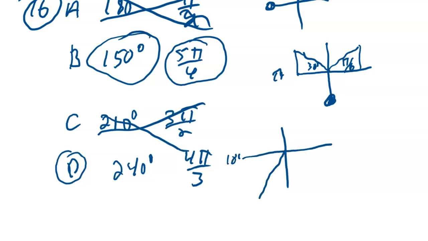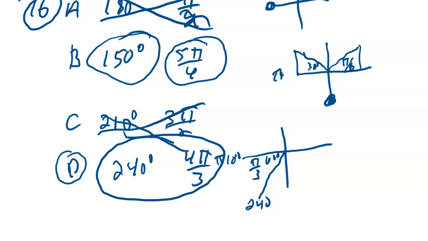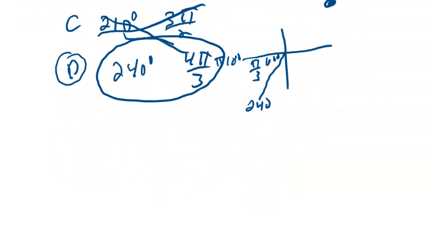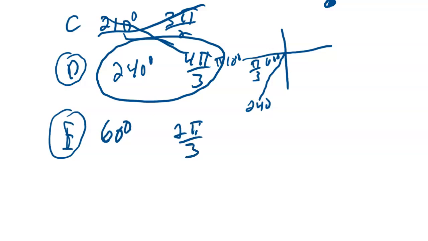If I do 180 plus 60 here, yep, I do get 240. Or if I add pi over 3 to pi, I do get 4 pi over 3. So this is a yes. All right, so E, no. E's a no. 60 degrees is in the first quadrant. 2 pi over 3, even though that's a 60-degree angle, it's in the second quadrant. So no.